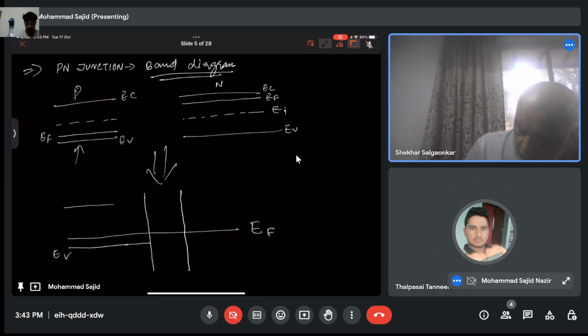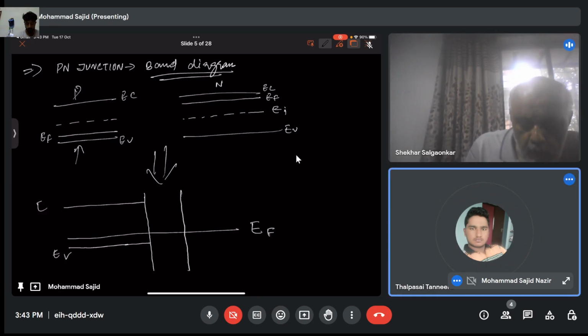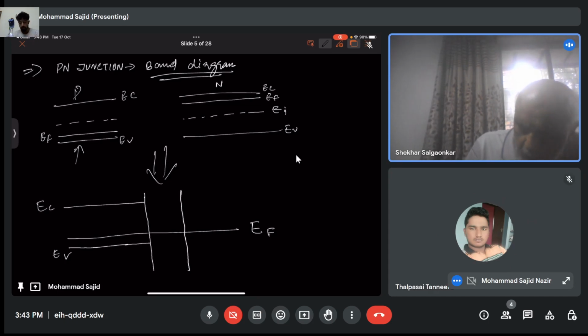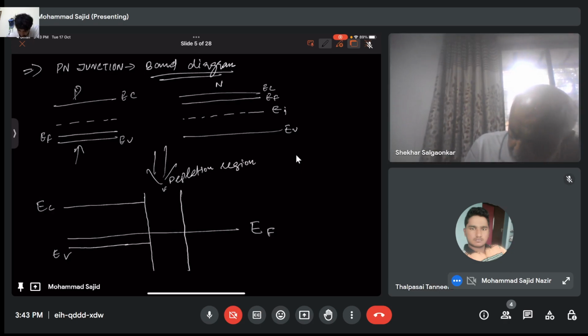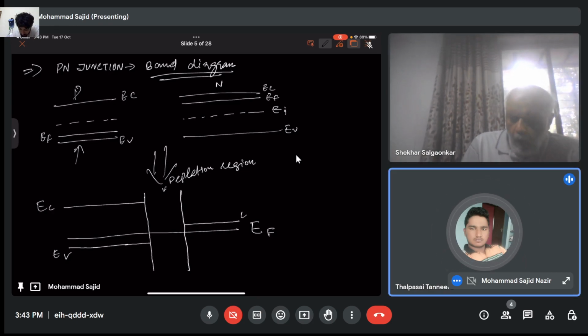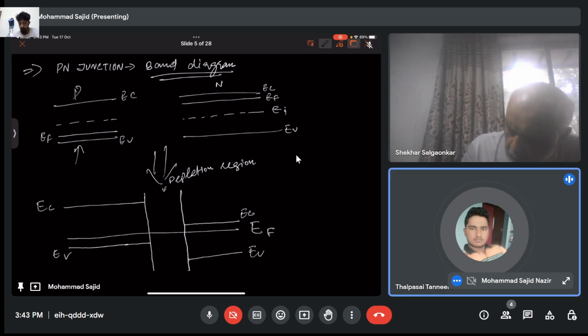And this should be your EC, right? This is your depletion region. And on the N side, EF should be near the conduction band. Yes, correct.